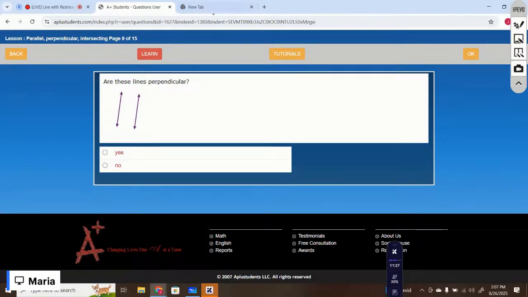Are these lines perpendicular? No, they are not the perpendicular lines.